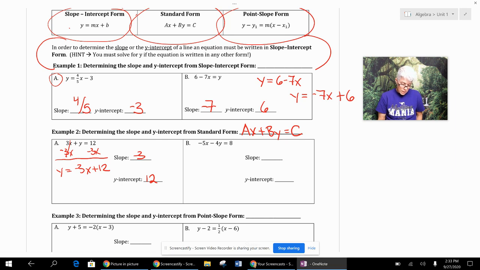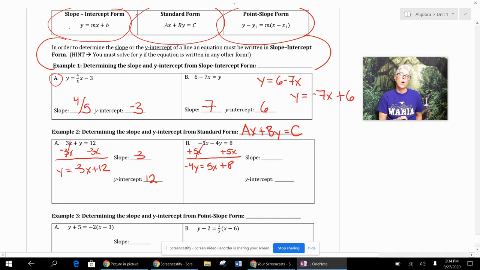So let's see. I want to get the y by itself. So I'm going to go ahead and move the 5x over. Now I have negative 4y, don't forget the negative, equals negative 5x plus 8. I'm still not finished because y is not by itself.